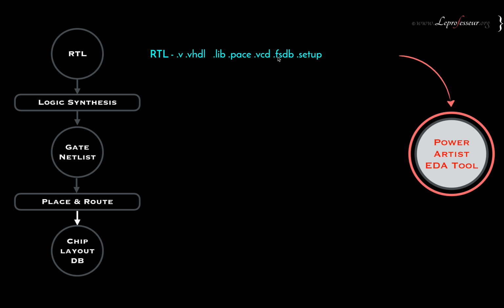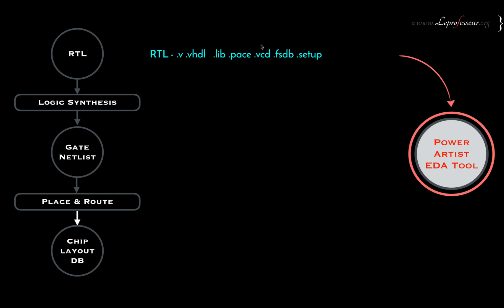Okay. VCD format or FSDB format for the test vectors, or you can run a test case and you can choose a certain window where different signals are switching. So why is this needed?